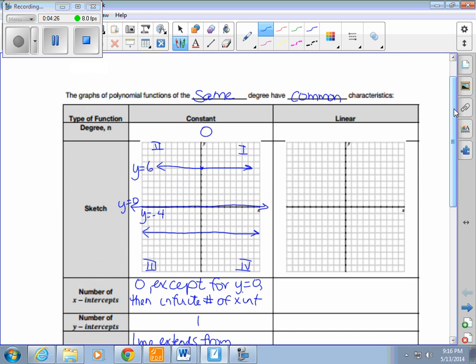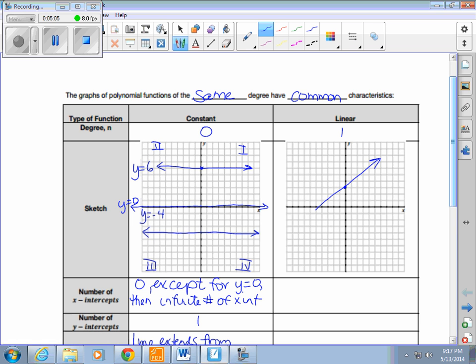So if we had a degree of 1, we then have a linear equation. So depending on what the equation of that graph is, whatever you draw, let's say it crossed here and our slope was going like this.